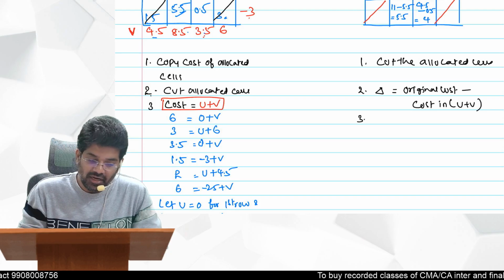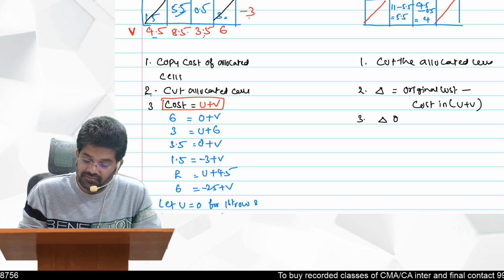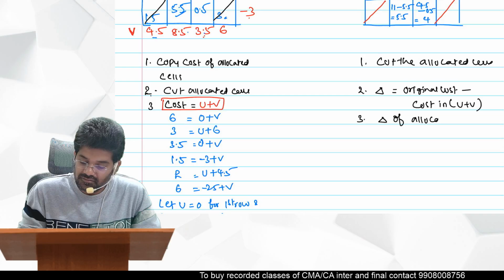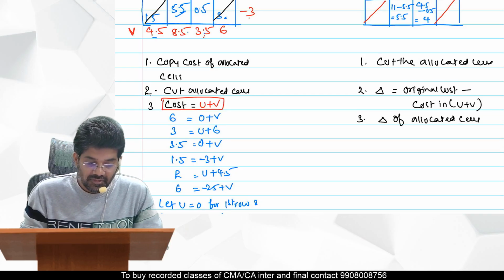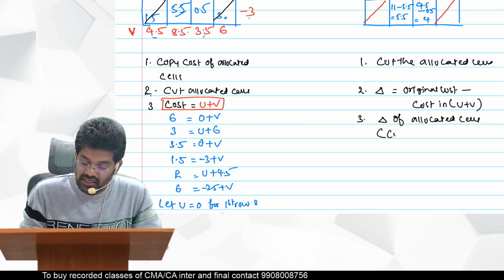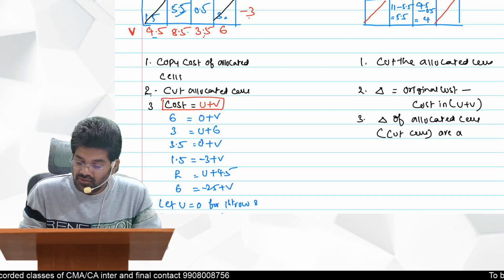So the third point here is that the change values of allocated cells, that is the cut cells, are always 0.